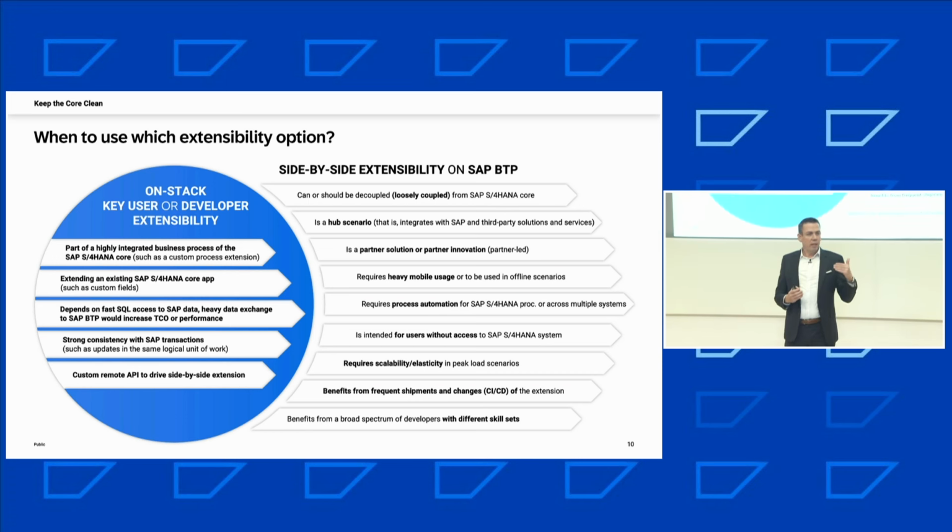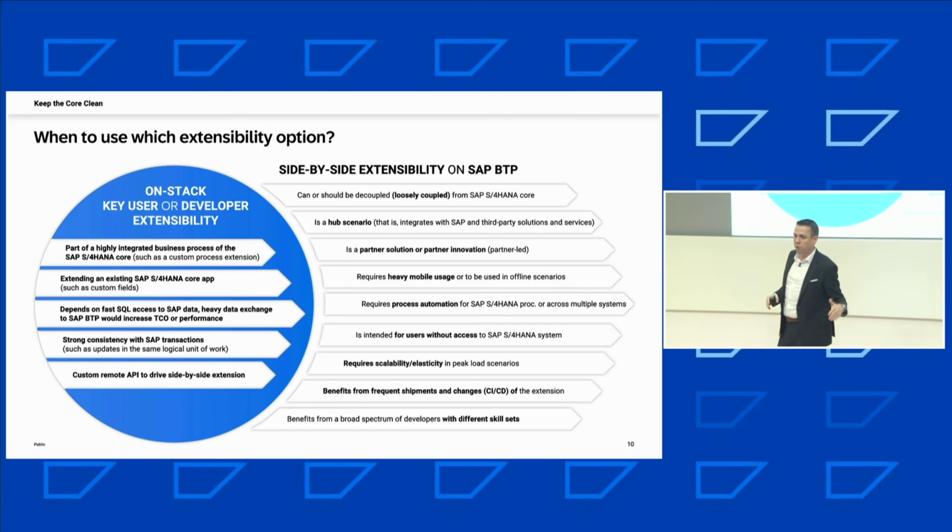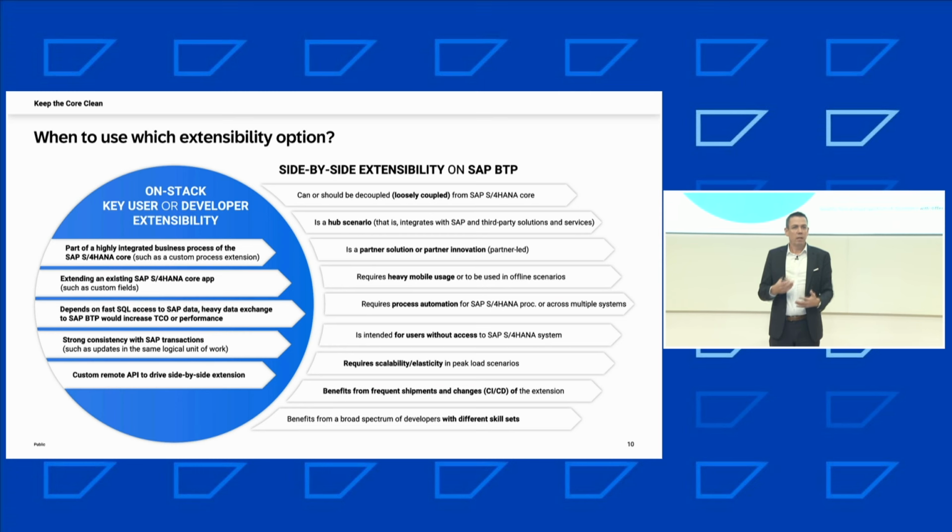Think of elasticity. So if you don't want to size your entire environment for peak load, but if you want to have true scalability and elasticity, use the BTP for these scenarios. If you want to decouple the life cycle, so think of daily deployments or multiple times a day, you want to deploy a new application or update something.